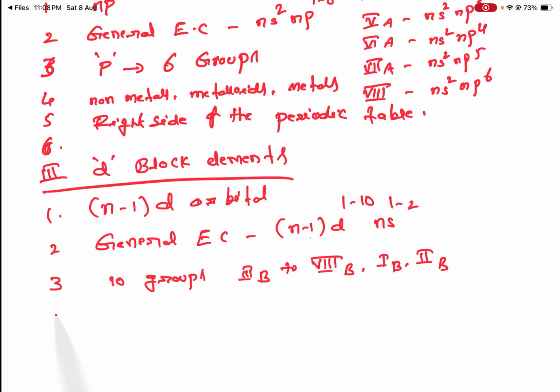These d block elements are present in 4 series, that is 3d, 4d, 5d, 6d series. Next, all d block elements are metals.